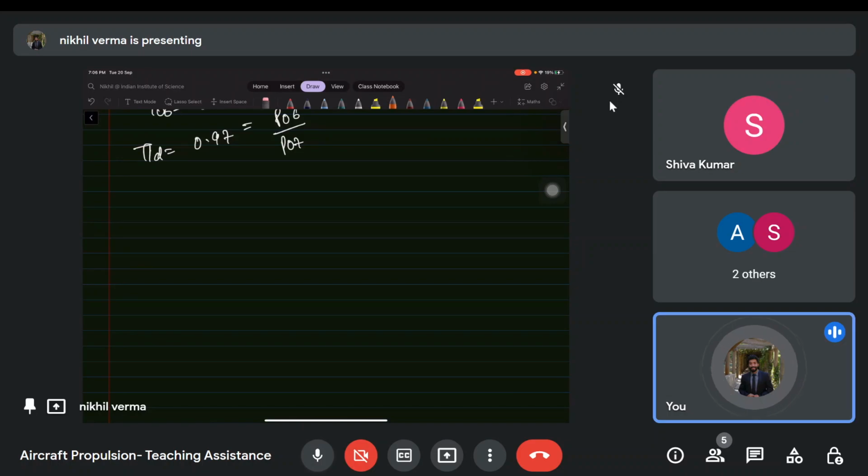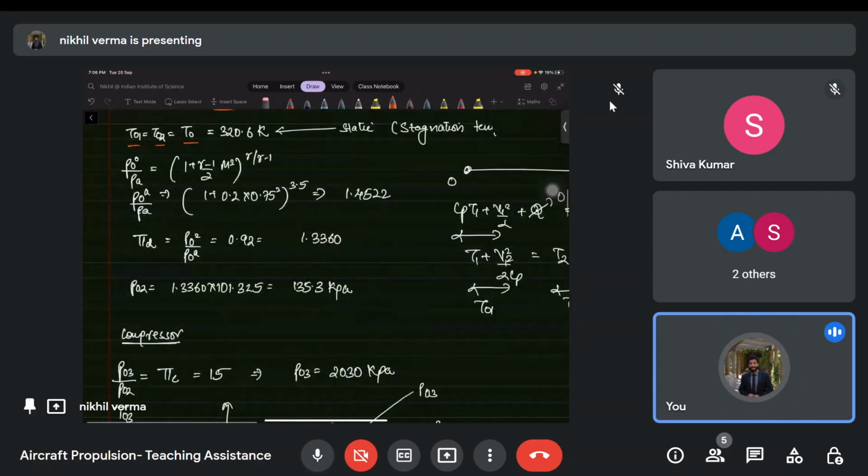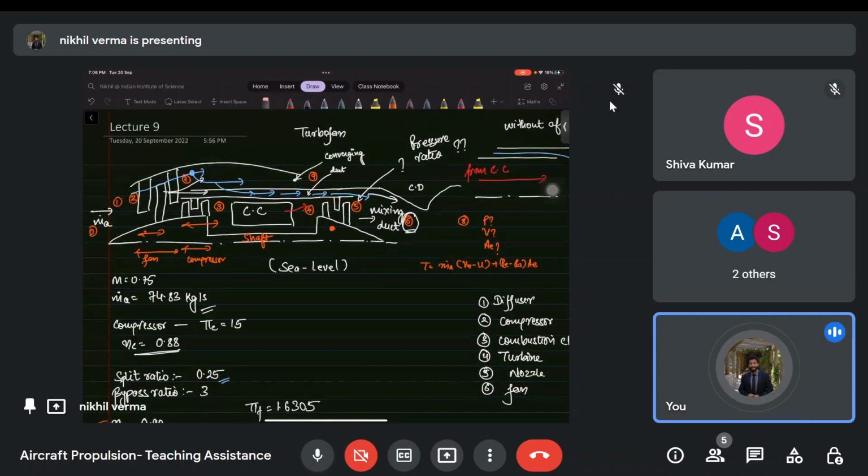Okay. After the combustion we need one bypass duct so that the outer casing can be cooled. Generally, we have a combustion chamber, and inside it we want the walls to be cooled. So we have some liners here. The air passes through this and cools the wall of the combustion chamber.